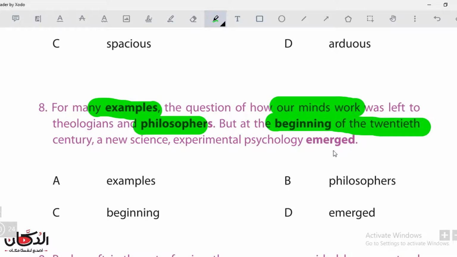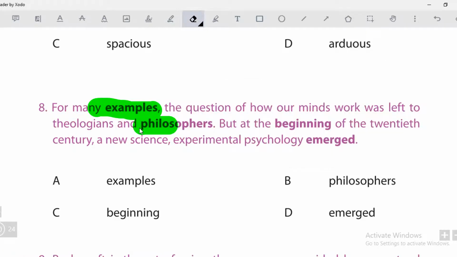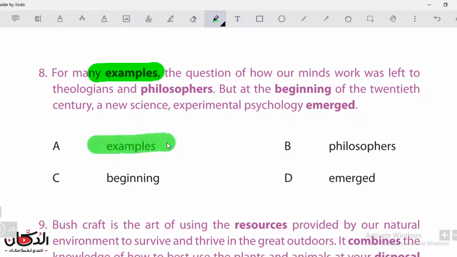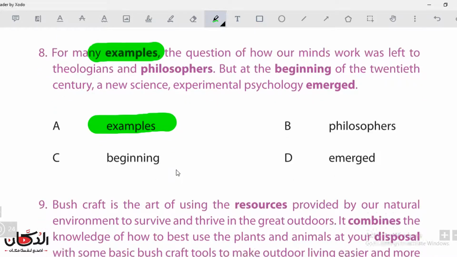Okay, it's correct. Okay, psychology emerged means appeared. It's okay, but can you say for many examples? No, it should be for many years. Yes, you're right. So the wrong answer here is examples.